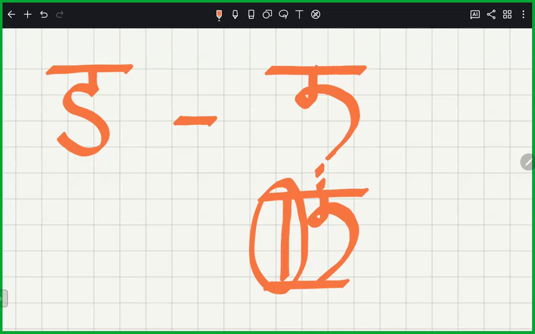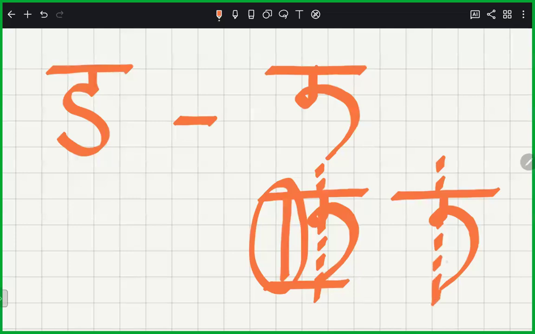For example, I'm imagining a line here. Let me draw it again for you here. This is na, okay? So we are imagining a line over here. If you see, this loop, this curve is touching the central axis like this.